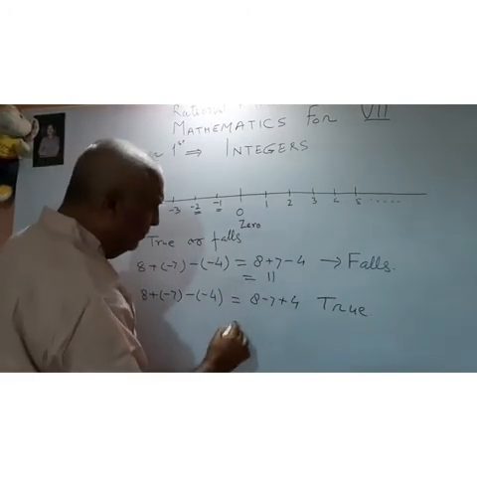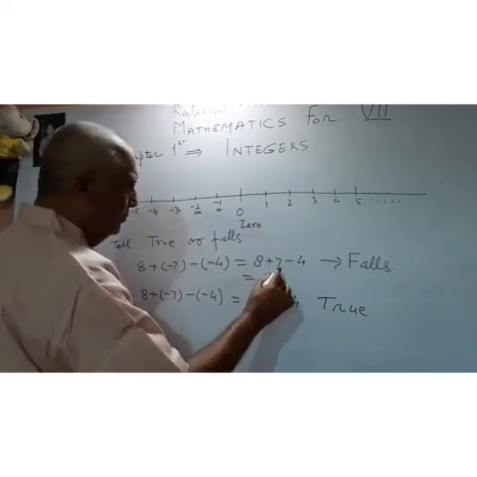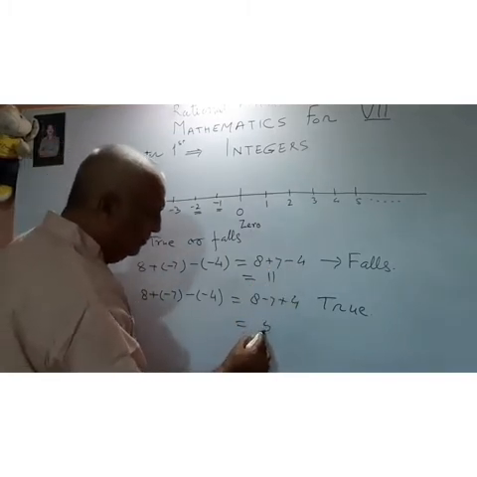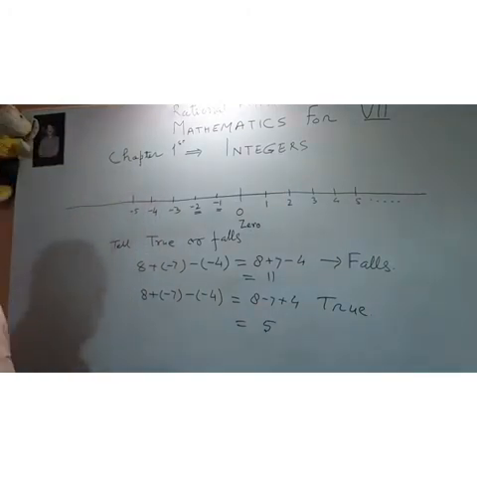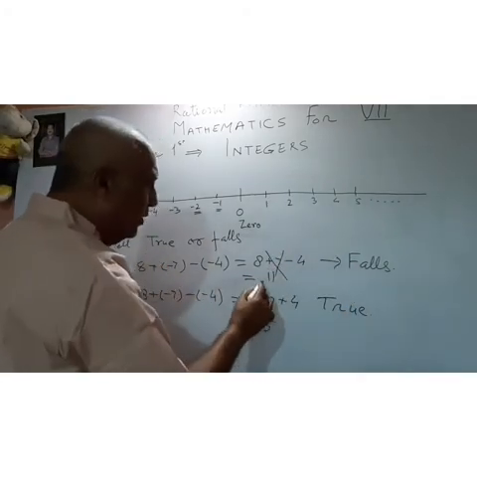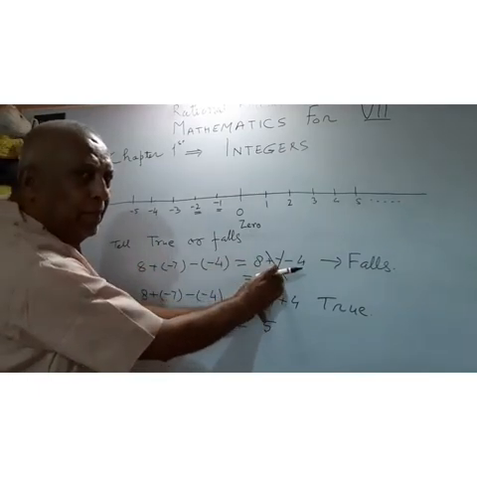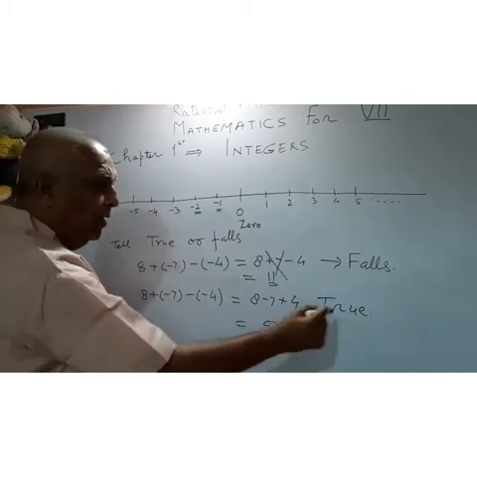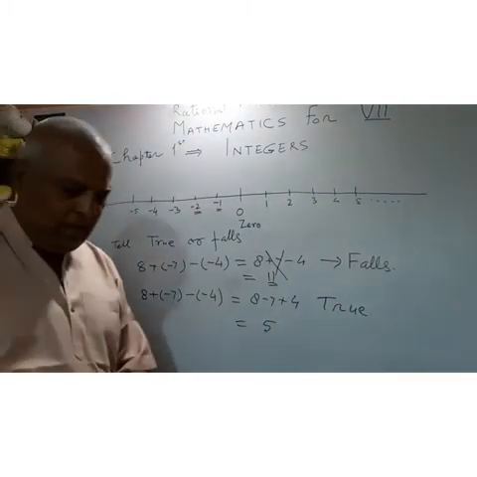What will be here? 5. This is false. You note it. If you write here 11, then this will be not equal to this. This will be false. But here, what is this? True. 5. Okay? Next one question more.